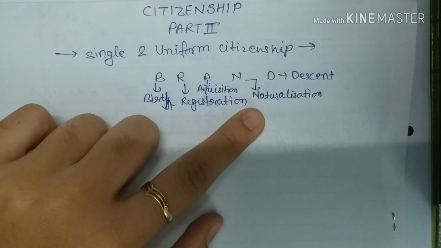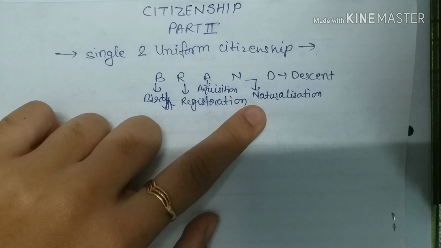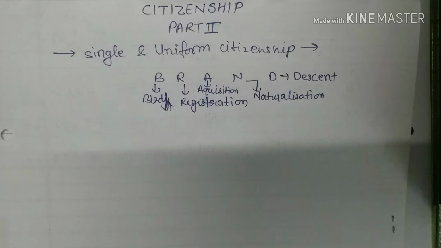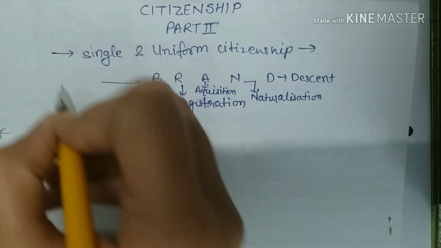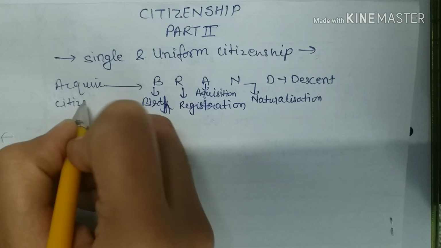So if someone voluntarily acquires the citizenship of India, then he will be said to acquire citizenship by naturalization. Then there is descent. If a parent or grandparent of somebody is born in India, then he will be said to have citizenship of India by descent. So these are the 5 ways to acquire citizenship in India.